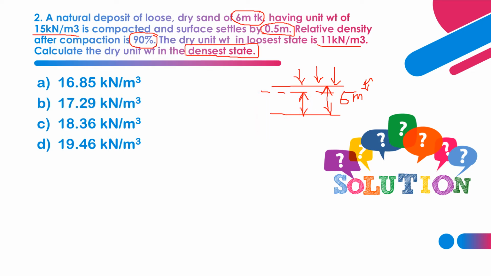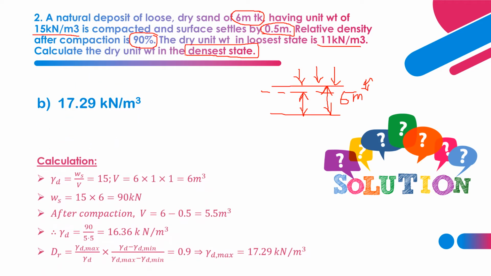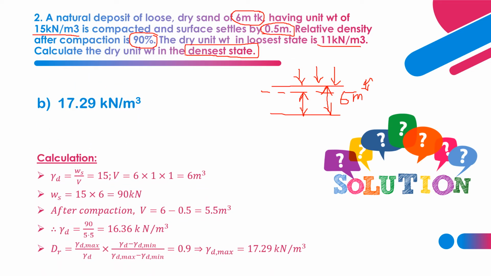The answer is option B, 17.29. Now let's see the calculations, how it is arrived at. First part is gamma D is equal to Ws, that is weight of solids divided by volume of soil. See, gamma D is not equal to the specific gravity of soil solids.